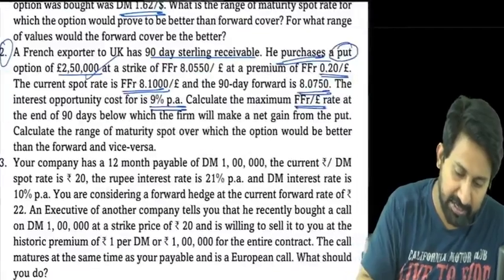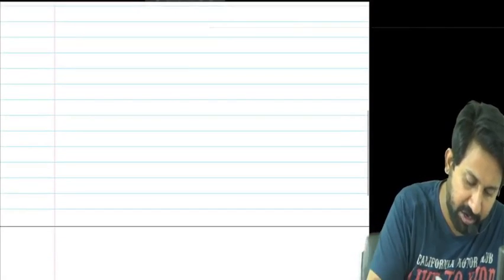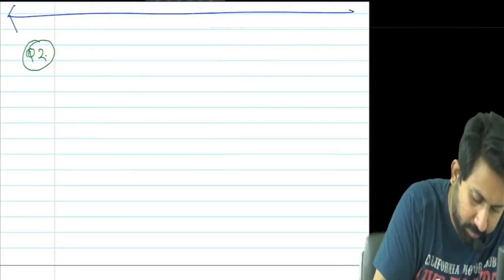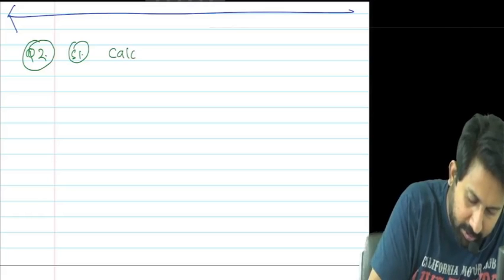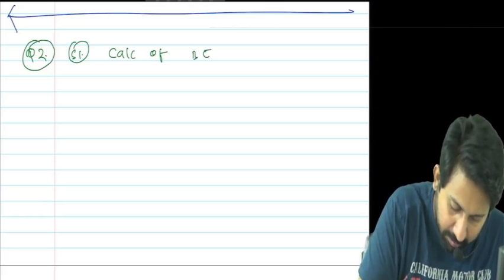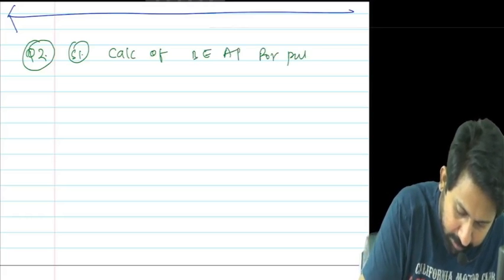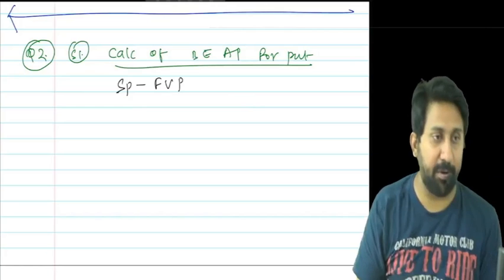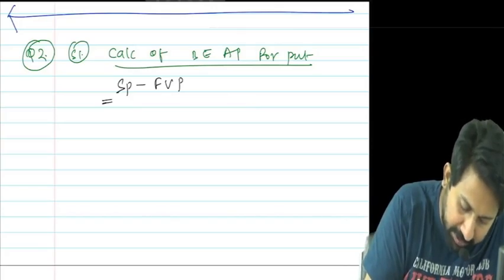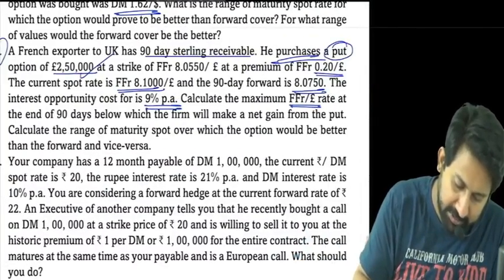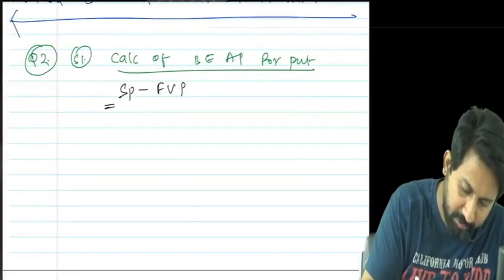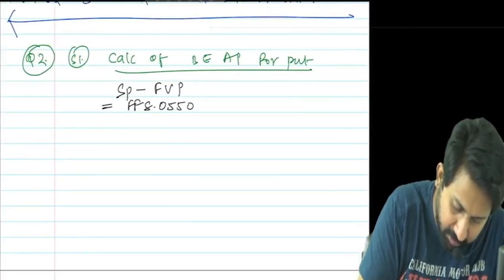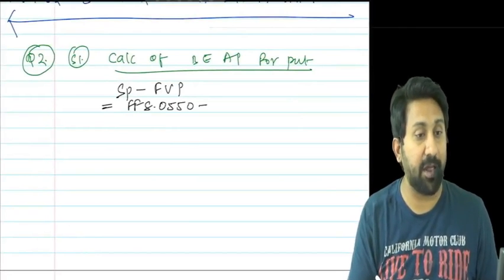First, let us understand the break even value or net value. Question number 2, Step 1: calculation of break even actual price for put. Write down: SP minus future value of premium. SP is 8.0550, minus future value of premium.